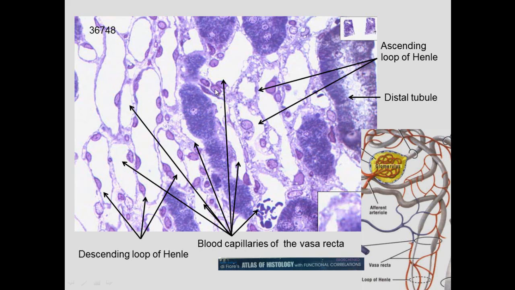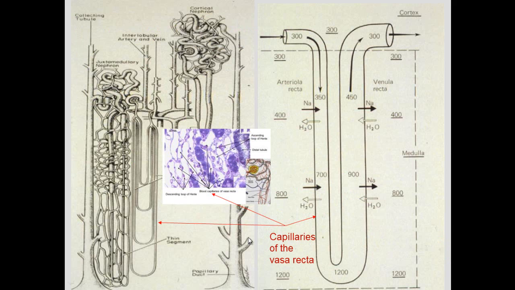And so we can see the capillaries in through there, and these are the capillaries that wrap around the proximal tubule as well as the distal tubule. This is down in the medulla, down in through here, but also in the cortex and the medulla, the peritubular capillaries surround them. And so we can see a similar type thing.